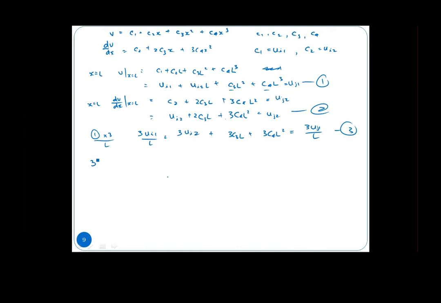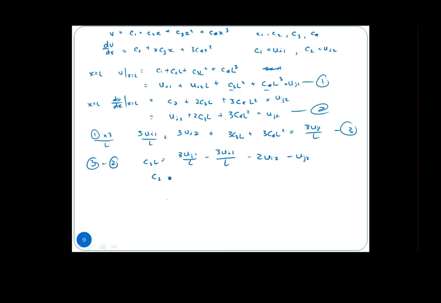So if we subtract 3 minus 2, then we have my c3L equals 3uj1 over L minus 3ui1 over L minus 2ui2 minus uj2.